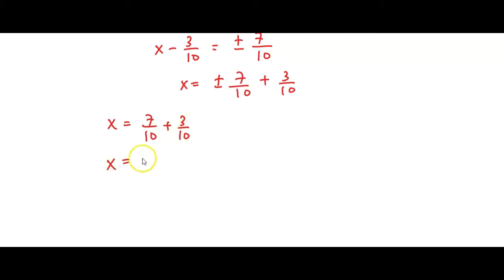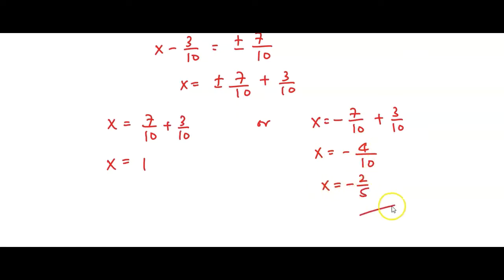That will be 10 over 10, x equals 1. Or you may have another solution, taking negative 7 over 10 plus 3 over 10. That will be negative 4 over 10. Simplify, you got negative 2 over 5. So these are the solutions when f(x) equals 0.